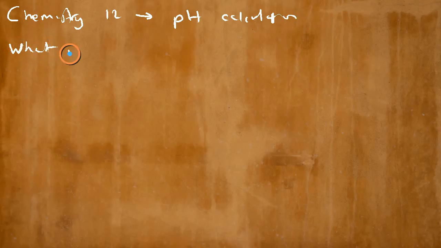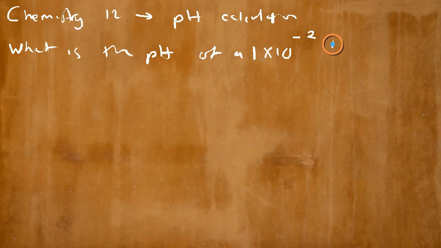What is the pH of a 1 times 10 to the negative 2 mole per cubic decimeter, dm3, solution, but this is going to be for a particular acid, HCN?